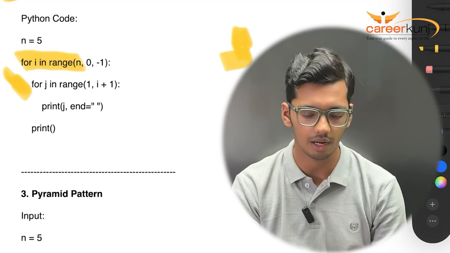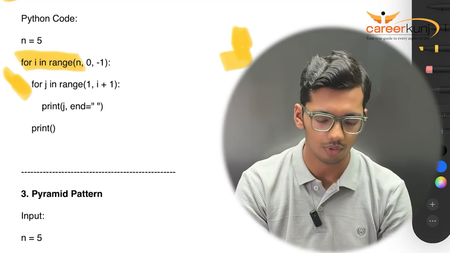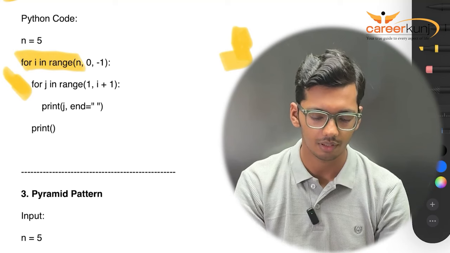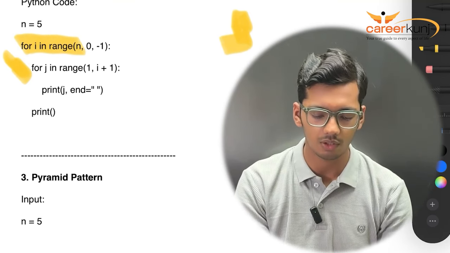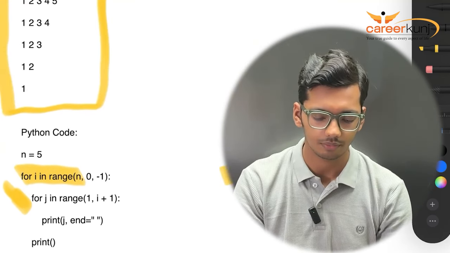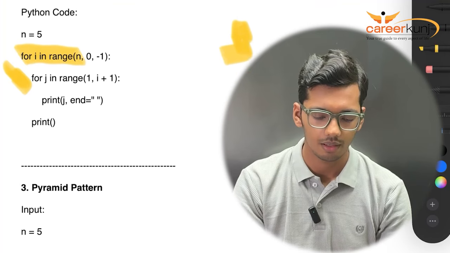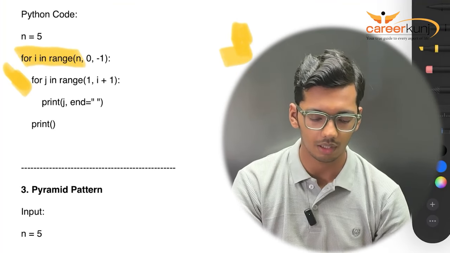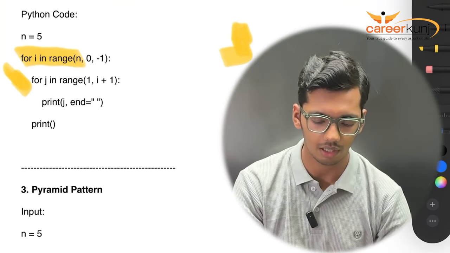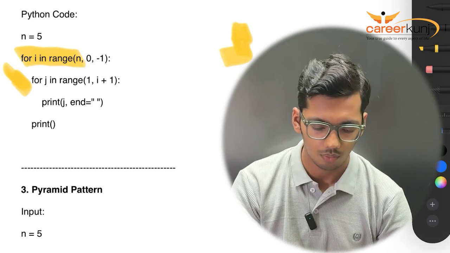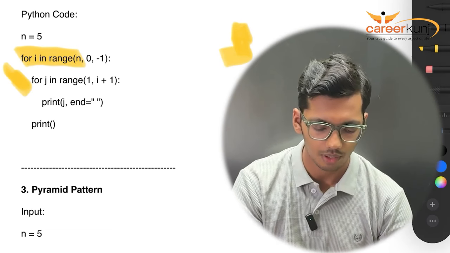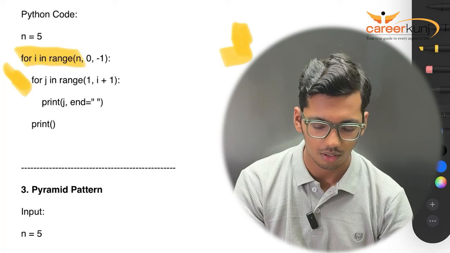What is my value of i? It is 6, right? So I am printing j. My value of j is what? 1. So how will it print? My first print will be 1, 2, 3, 4, 5.